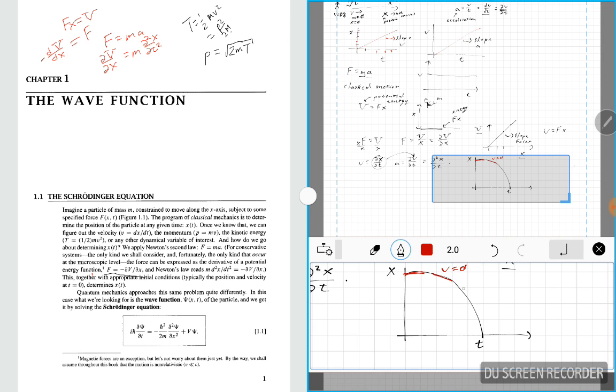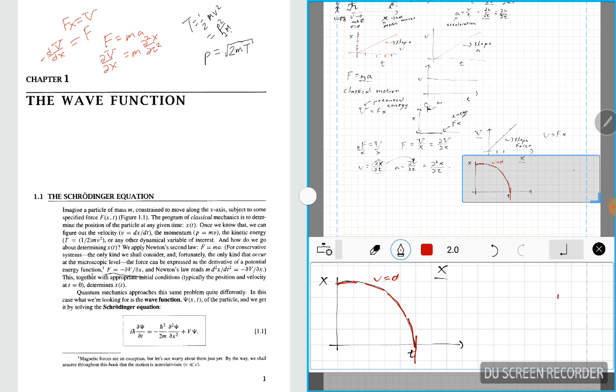And we can see here the slope is changing until it becomes very steep at the end. So if I wanted to draw that as a velocity graph, that means that I will just draw the red slope part. So it starts at 0 here.